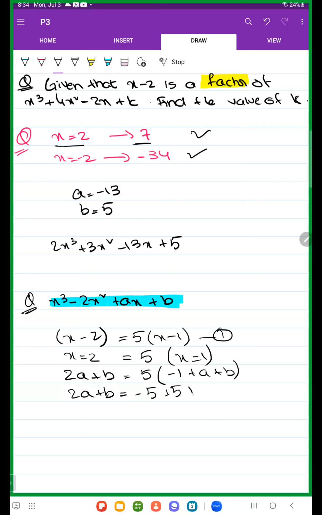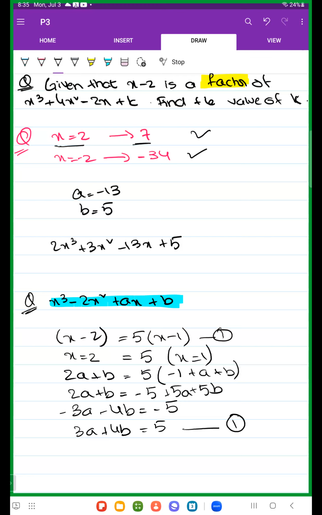Plus 5a plus 5b. So 2a minus 5a is minus 3a, b minus 5b is minus 4b, is equal to minus 5. So 3a plus 4b is equal to 5. This is your first equation. Do you understand?